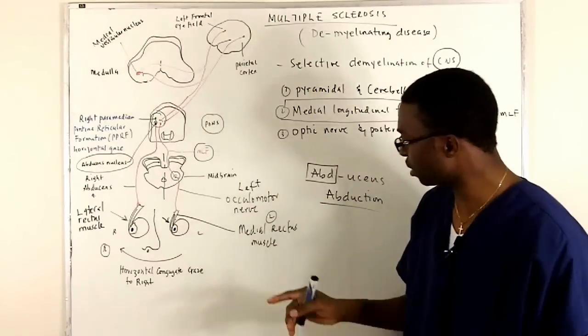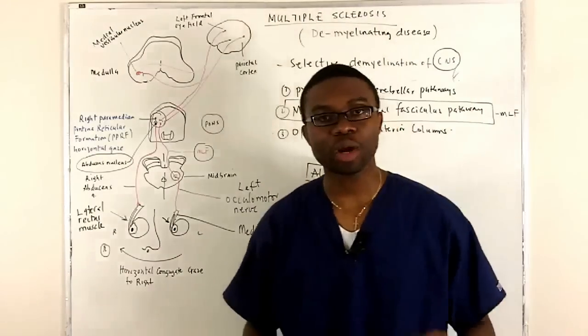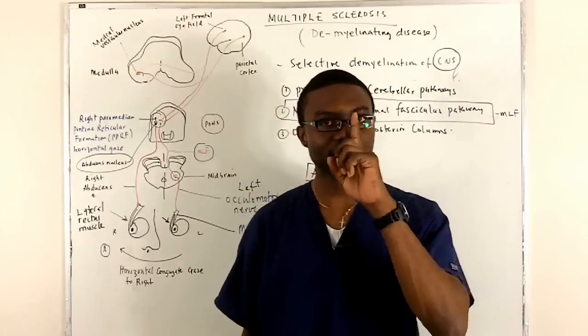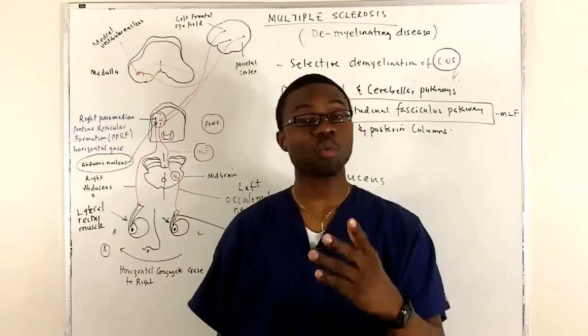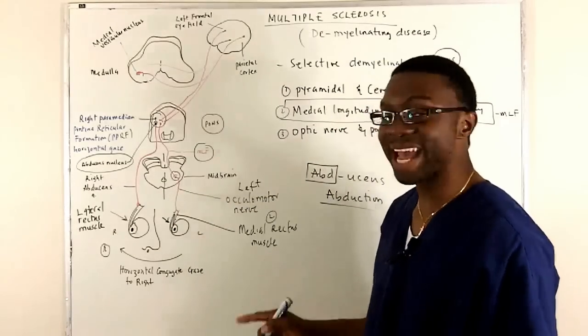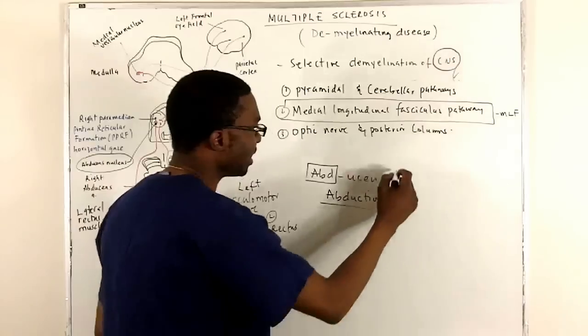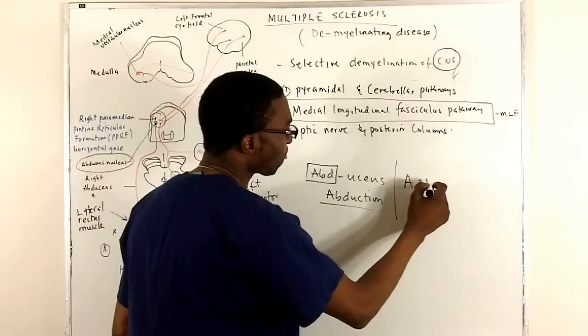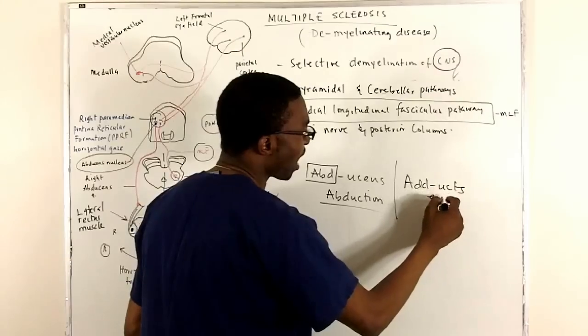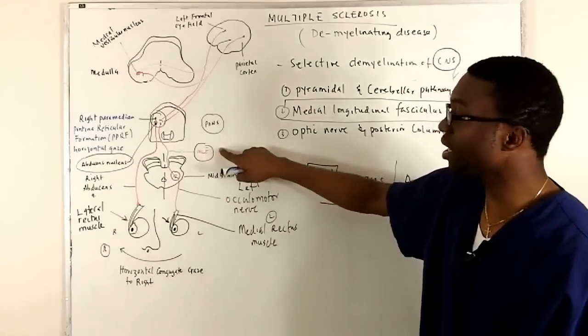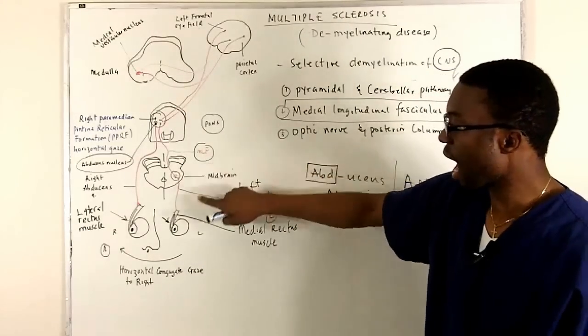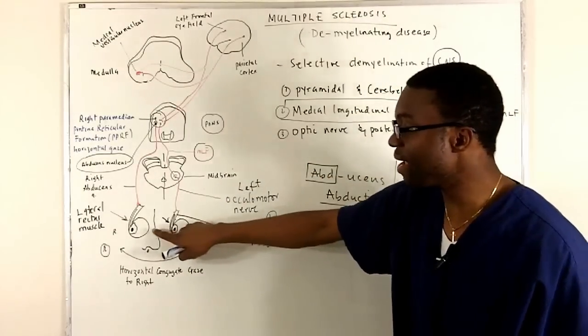Now, what does the medial rectus muscle do? Well, it pulls my eye in towards the middle because it's medial. So what is the function? It adducts the eye to the middle. Therefore, using the medial longitudinal fasciculus, I'm now going to be able to what?